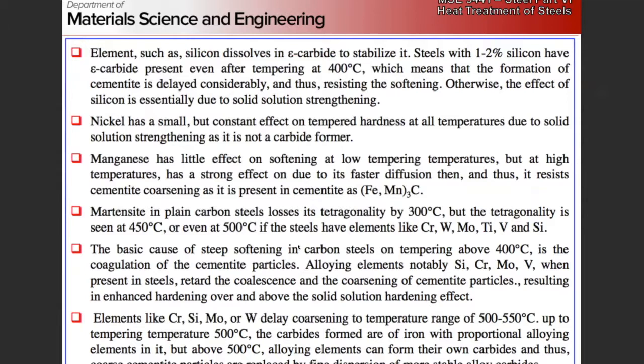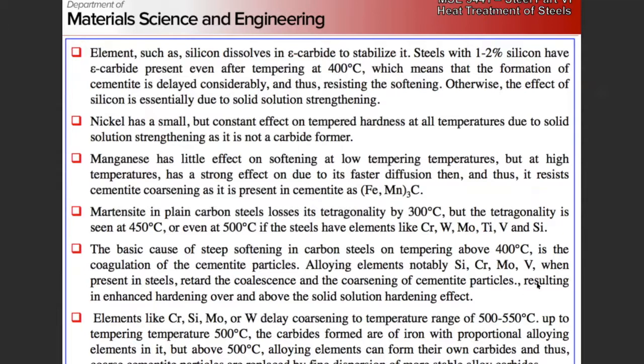And in plain carbon steels, you've got coagulation of cementite particles that come together and form essentially a bigger cementite particle rather than a fine dispersion. Elements like silicon, chrome, molybdenum, vanadium also prevent the coalescence of the cementite particles.